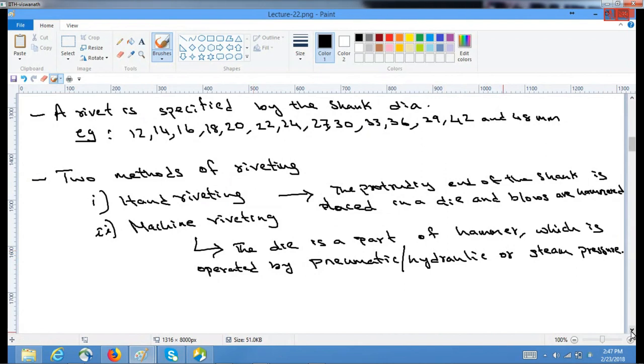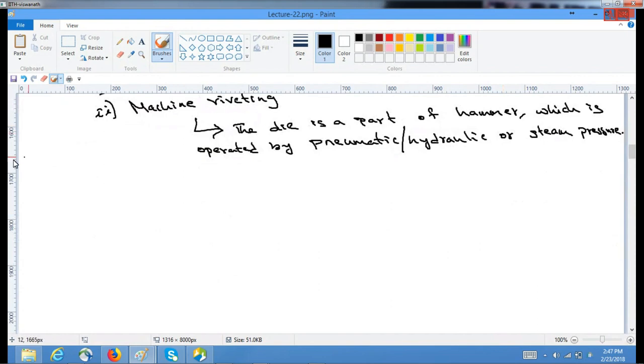Further, either machine riveting or hand riveting is further classified based on operating temperature.